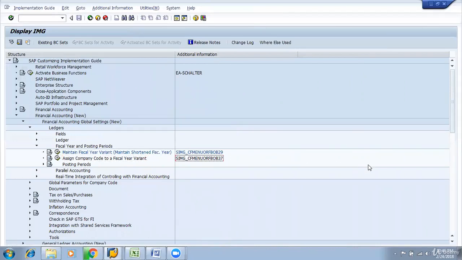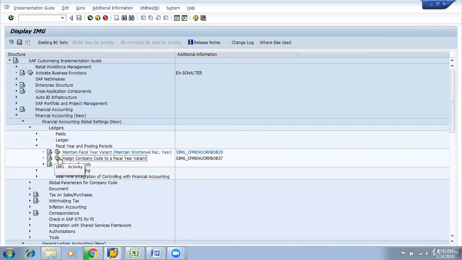Another fact about T codes: the letters combining a T code, for example OB29, OB37, do not have any relevance. So do not try to find out why a T code was named this way. There are no reasons behind it.